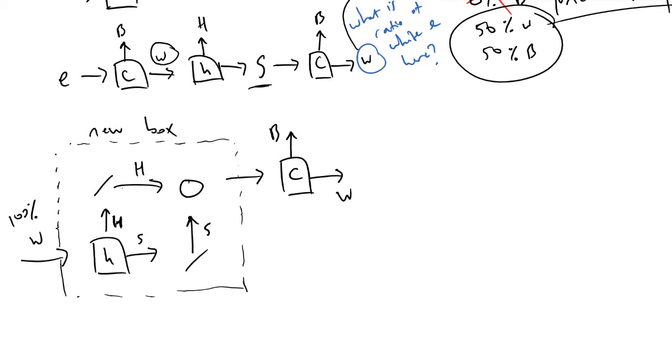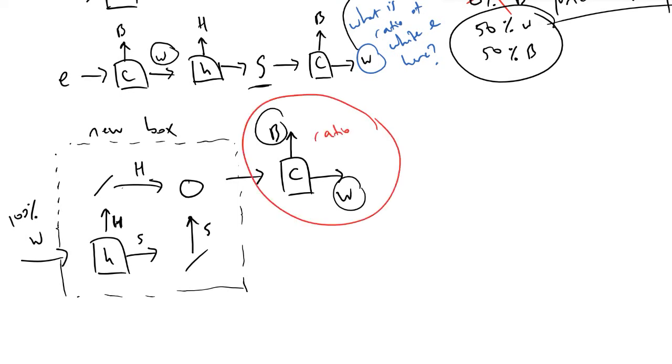The question is, what is the ratio of white to black electrons in the top right here? Ratio of white to black is question mark.